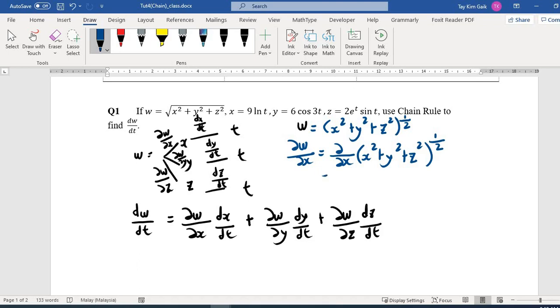Okay, remember in differentiation the power is brought in front and multiplied. So you have half, and then the power for differentiation will be minus 1. So you have x squared plus y squared plus z squared. Okay, from half minus 1 becomes minus half.